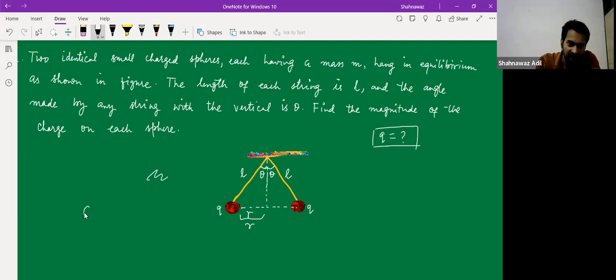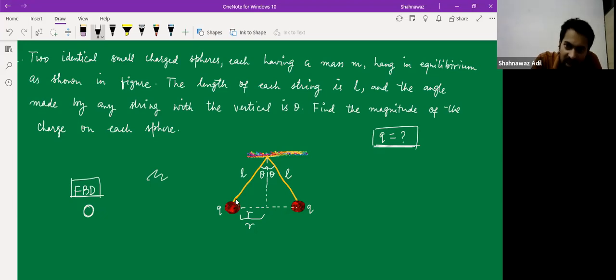This charge, and we have to use what we have learned in your 11th class. So the most important thing in your 11th class is the FBD, right? So we will use the FBD and we will calculate this charge. Okay. So what are all the forces that are acting on this charge?